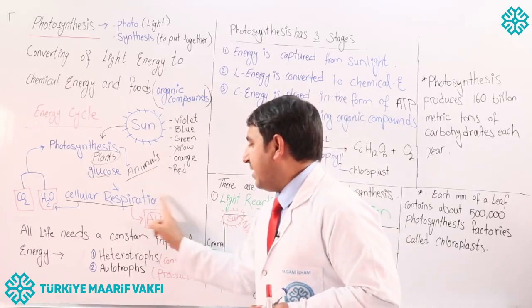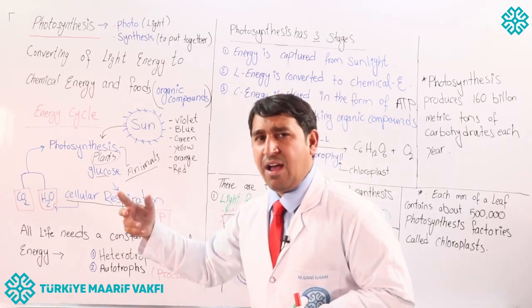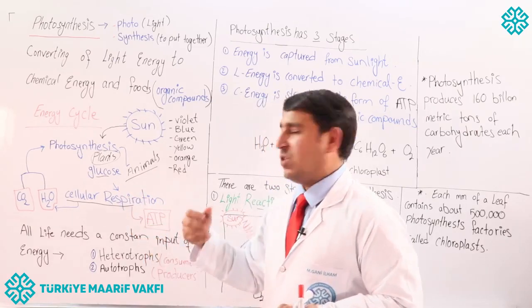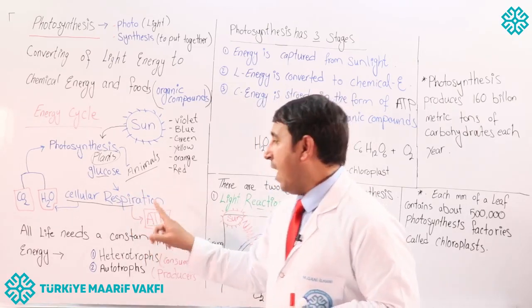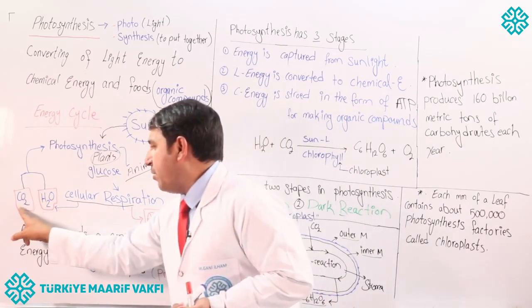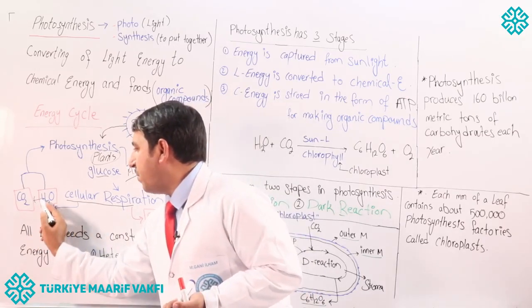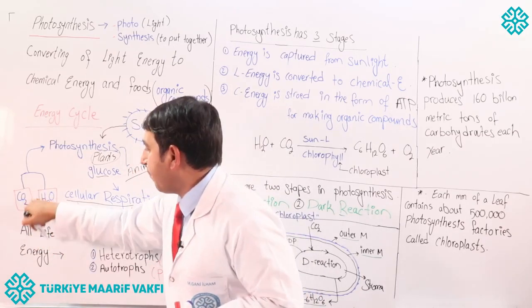Now animals can get this ATP energy, and animals can carry out all life activities with this ATP. At the same time, not just ATP, carbon dioxide and water, these two compounds are also made at the same time.